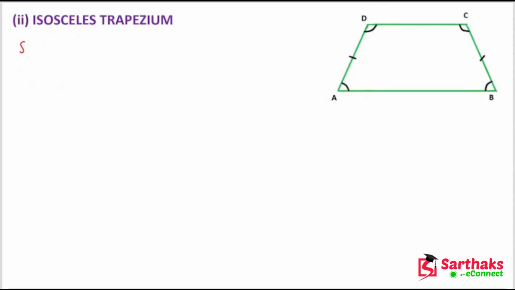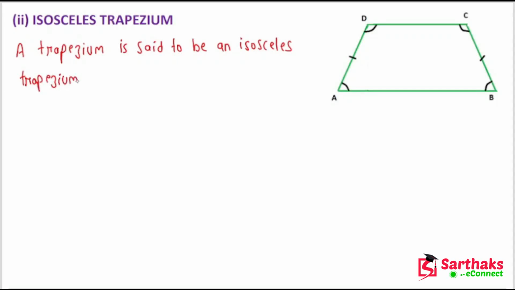So we can write, a trapezium is said to be an isosceles trapezium if its non-parallel sides are equal, right?